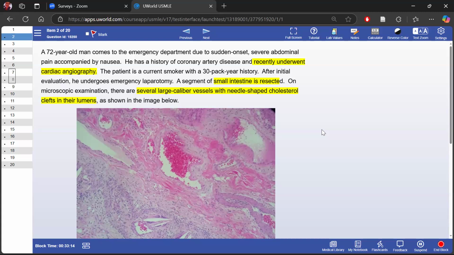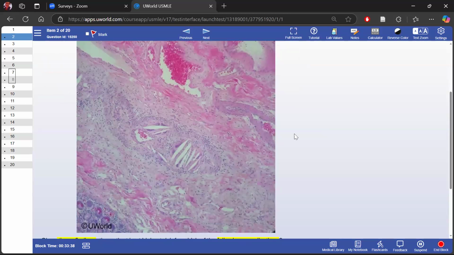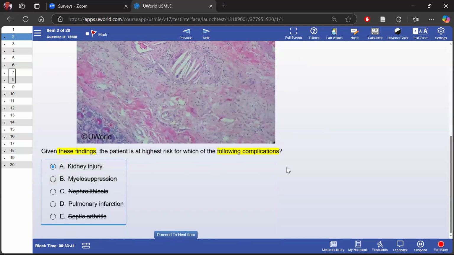That can spill cholesterol into the blood, and the cholesterol will embolize distally to the branches of the aorta, which include the renal artery as well as the mesenteric arteries. That will explain this patient's small intestinal infarction, as well as the possible risk of kidney injury. So A will be the best answer in this case, since the cholesterol is likely in the arterial system. And D is out.